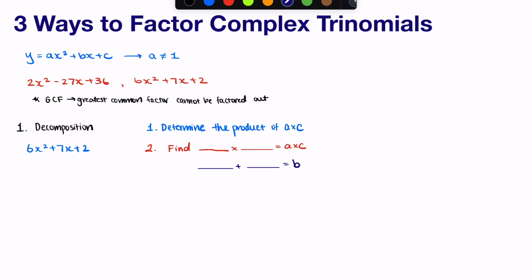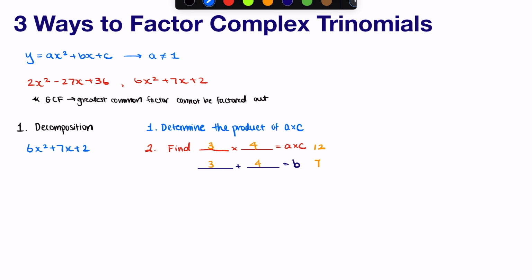In this particular example, 6 times 2 gives us 12, and the B value is 7. So we have to find two numbers that multiply to 12 but also add up to 7. In this situation, that would be 3 and 4. 3 times 4 gives you 12, and 3 plus 4 gives you 7.